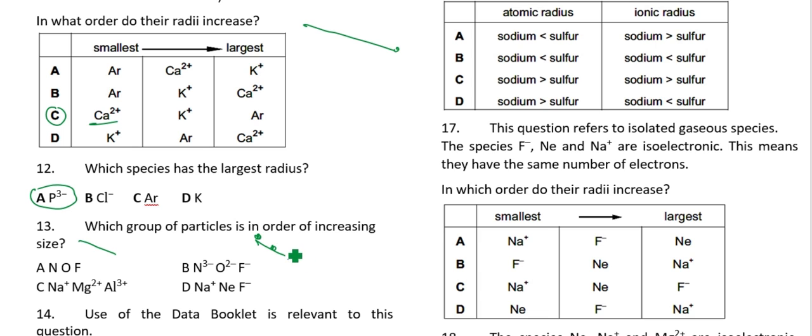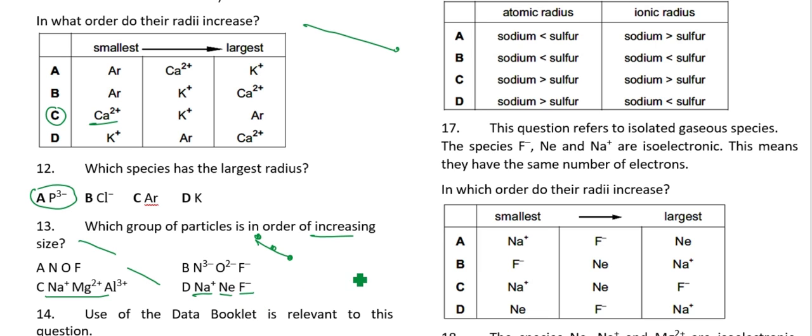Again we will observe a decrease, and he is asking for the increase. Then sodium ion, magnesium ion, aluminium ion, again moving across the period size decreases if they are from the same category, like cation or anion. But here one is positive, one is neutral, meaning neon is a noble gas, and then fluoride.